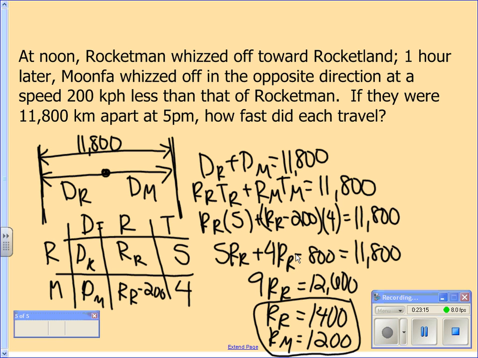Do we need to do another one? Anybody? It's a lot of work. I think that if you'll start by doing the picture and your diagram, it'll make it a lot easier. Eventually, you'll get to where you don't need the picture and or the diagram, but if you're having trouble with these, do both of them.